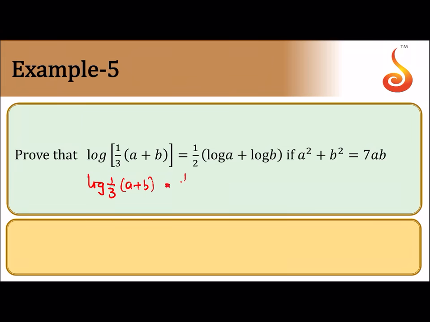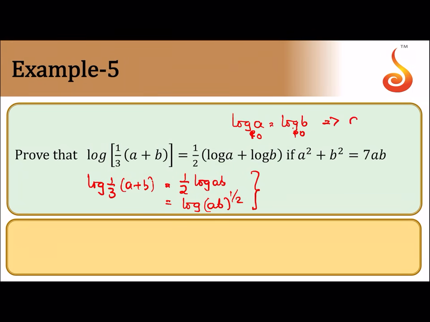Example 5. See, this is log of (a plus b) by 3 equal to 1 by 2 log ab. This can in turn be written as log of ab to the power 1 by 2. Now, here is a very important property we study.